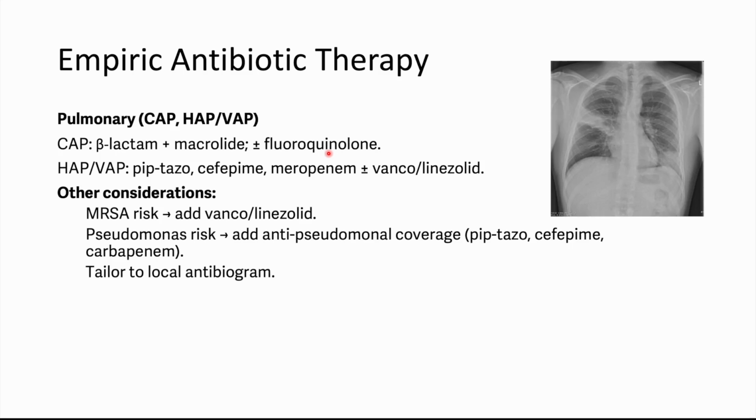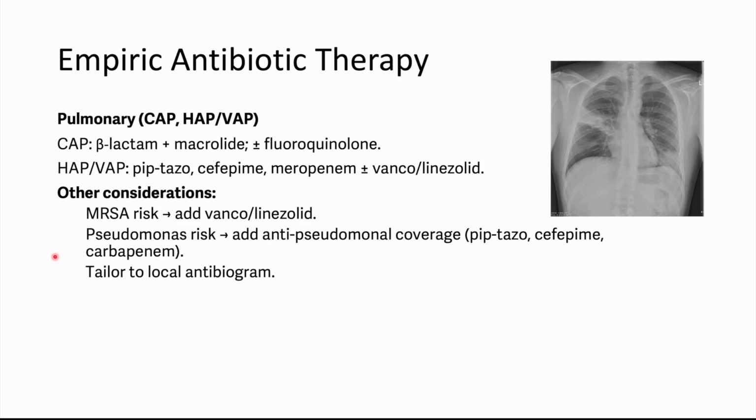Whereas in hospital acquired pneumonia or ventilator associated pneumonia, we should use a broad spectrum like piperacillin tazobactam, cefepime, meropenem, plus or minus vancomycin or linezolid. Other considerations: MRSA risk, add vancomycin or linezolid. Pseudomonas risk, add anti-pseudomonal coverage like piperacillin tazobactam, cefepime, carbapenem.